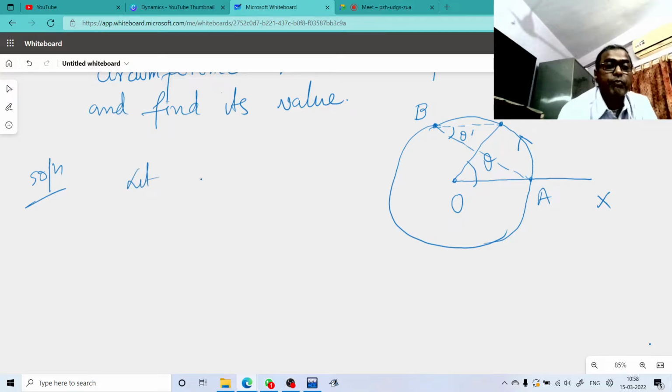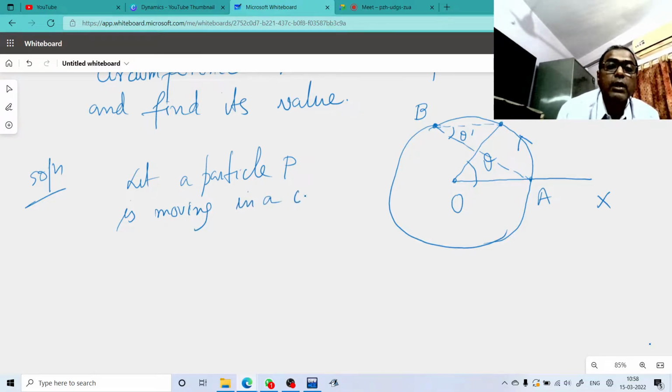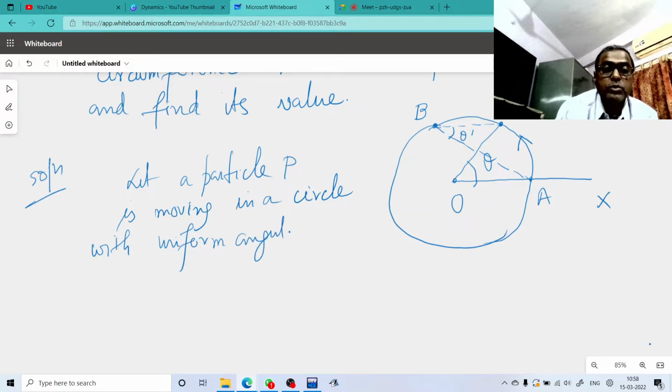Let a particle P be moving in a circle with uniform angular velocity omega.